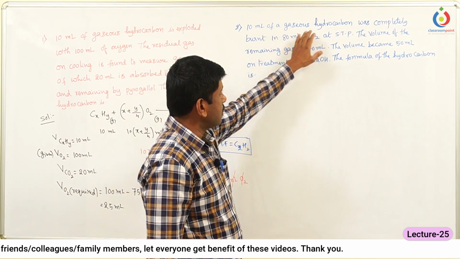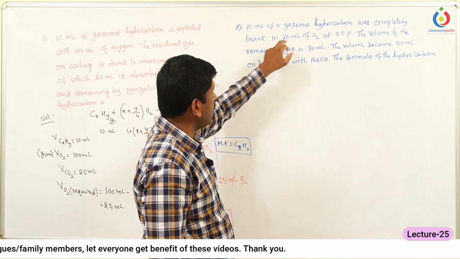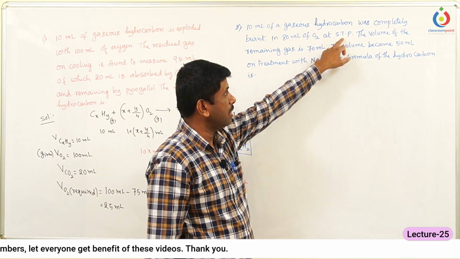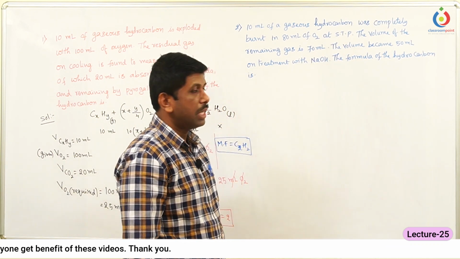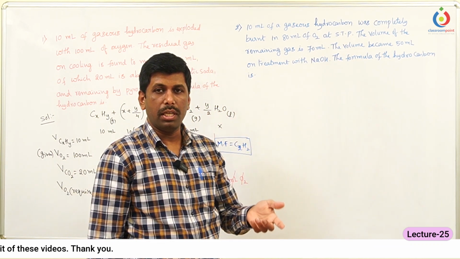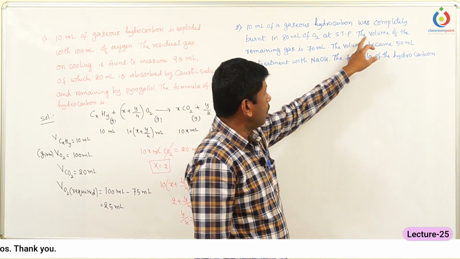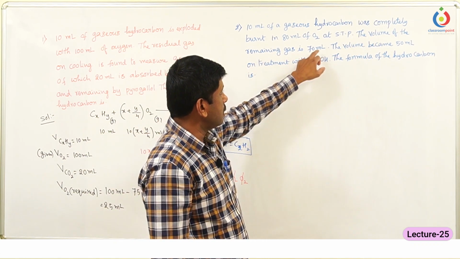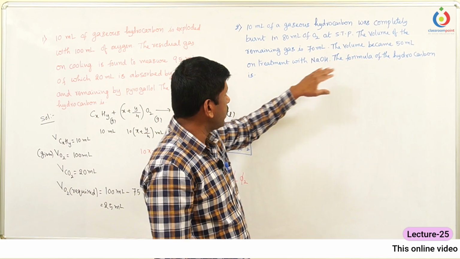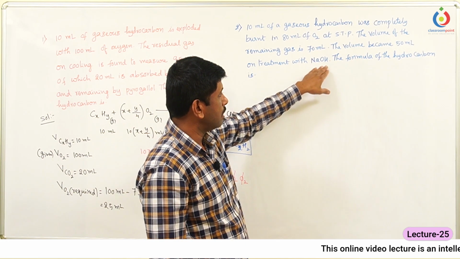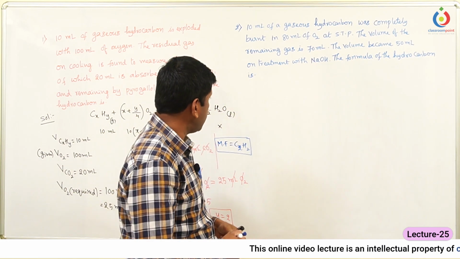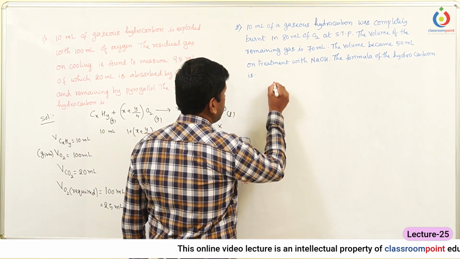Here 10 ml of gaseous hydrocarbon was completely burned in 80 ml of oxygen at STP. Whenever you say STP, H2O automatically exists in the liquid state. The volume of the remaining gases is 70 ml. The volume became 50 ml on treatment with NaOH. The formula of the hydrocarbon is, let's write the reaction again.